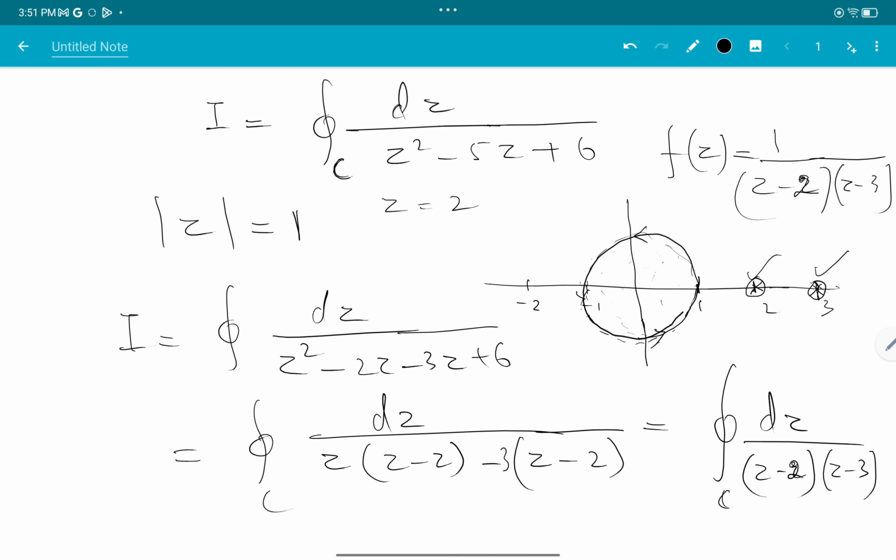Since the function does not contain singularities, you need not even integrate it. You just write 0, because you are sure that the loop integral of this will be 0, as there are no singularities inside or on the path. That is how complex integration goes. I think it is even simpler than real integration.